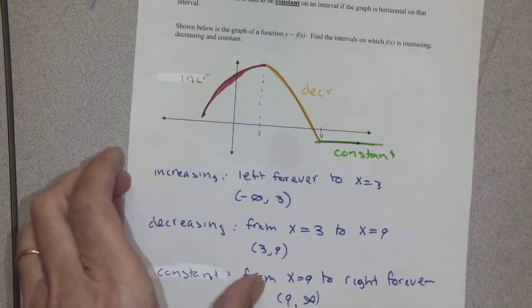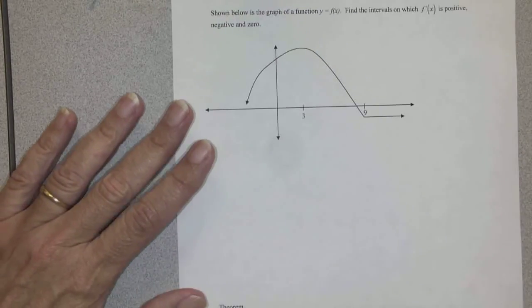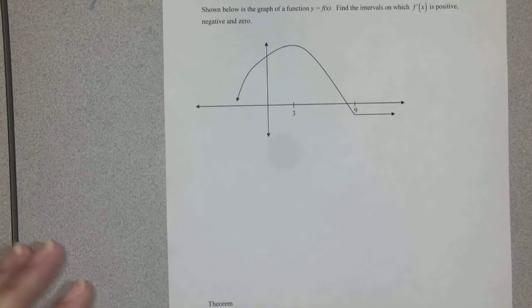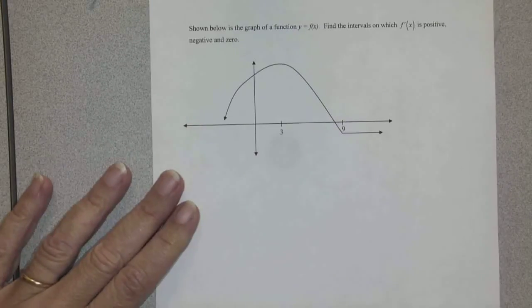Okay, we're going to have the same picture, a slightly different question. Shown below is the graph of a function y equals f of x. Find the intervals on which f prime of x is positive, negative, and 0.